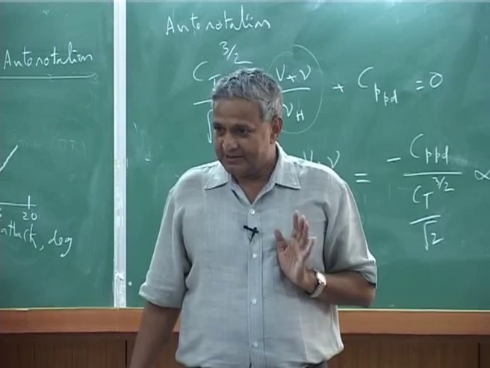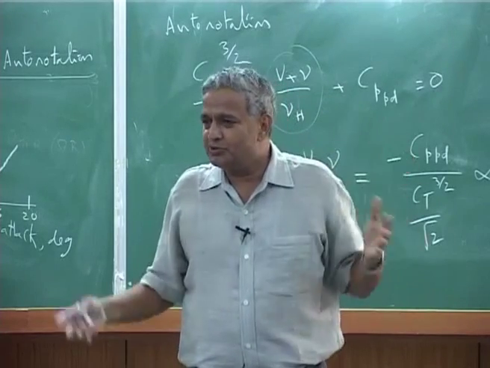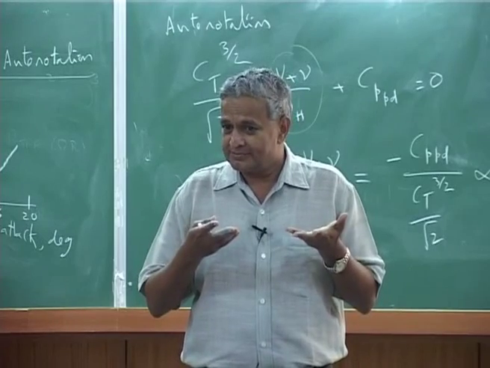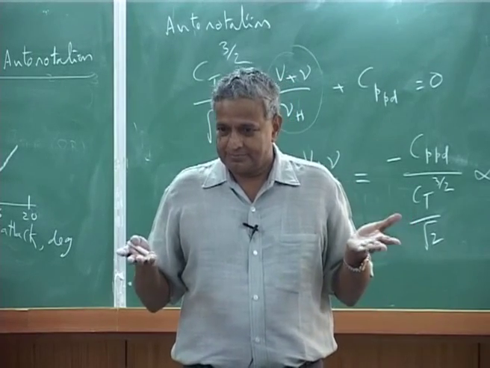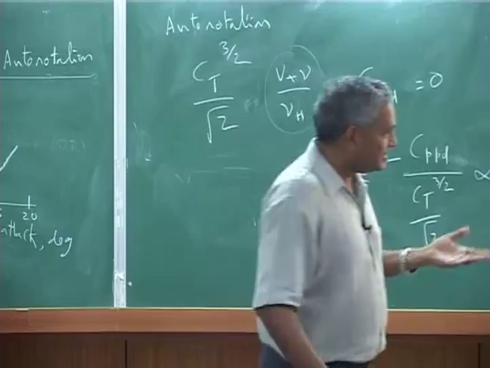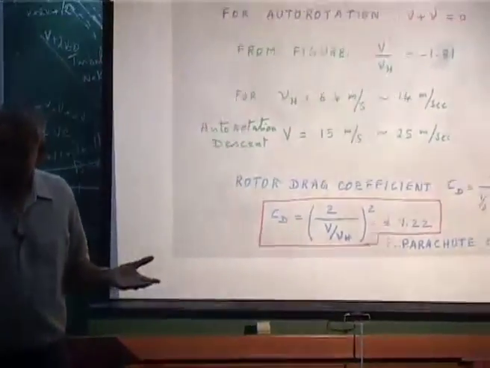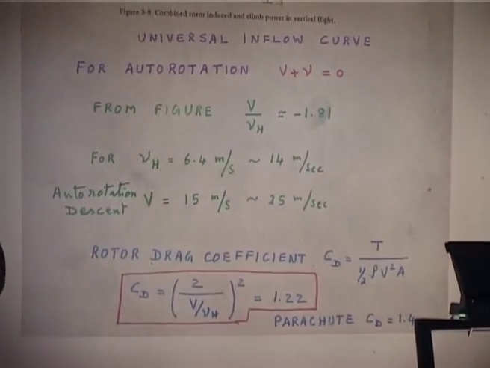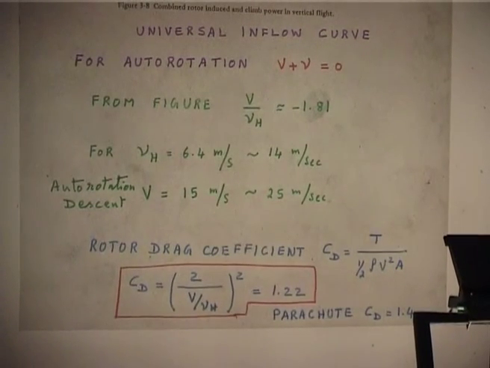Please understand, when it is coming at a steady velocity, what does that mean? That means the thrust is basically the drag force, and this is the thrust, which is coming down, that is the force.